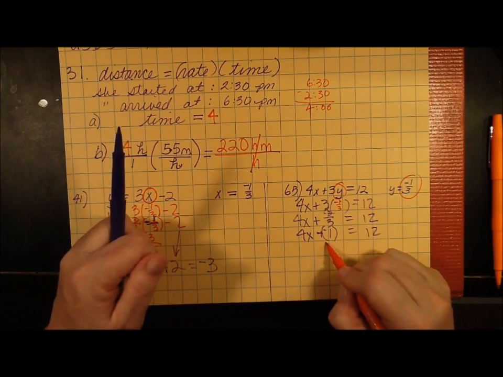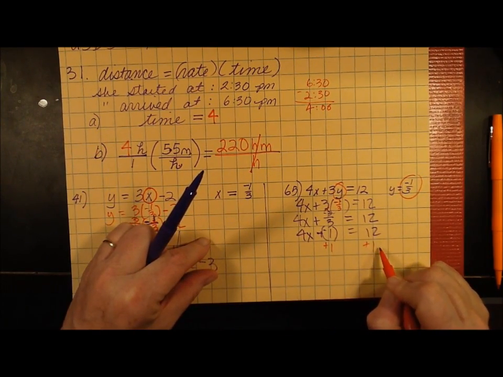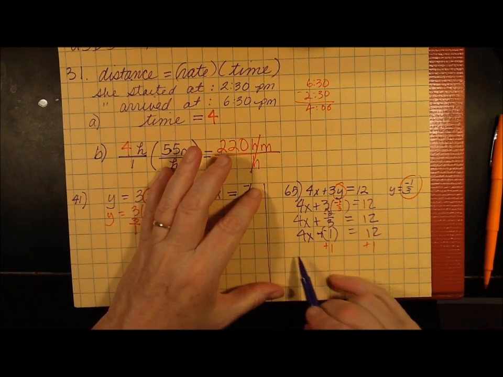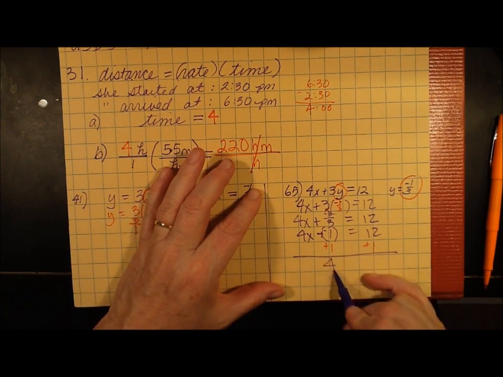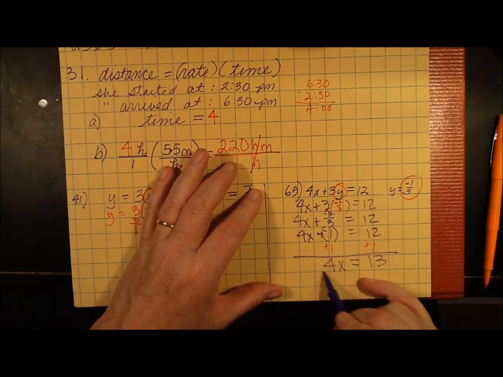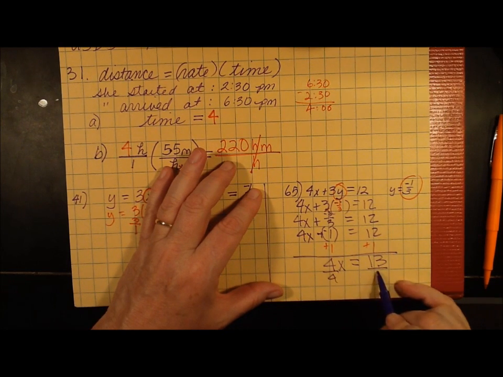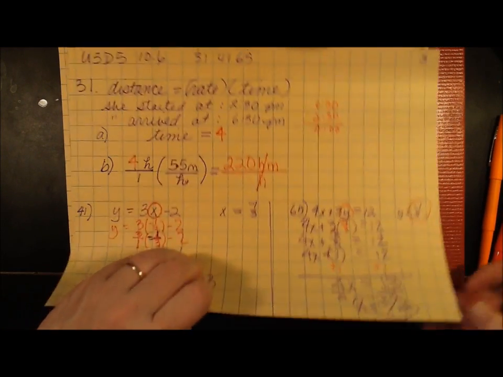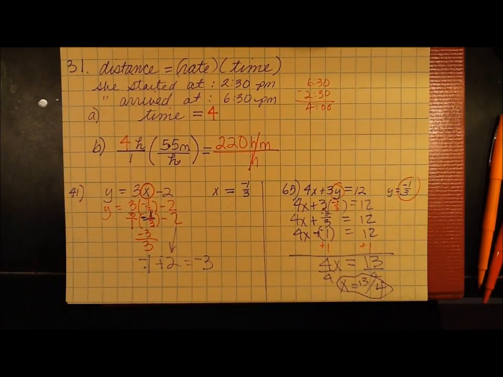I'm going to add the opposite, plus 1 plus 1. 4x equals 13. Divide the 4 across. X equals 13/4. Not the prettiest answer, but once in a while they give us one like that to keep us on our toes. And that's the end of 10.6, the bolded problems, and stay tuned for Unit 4.